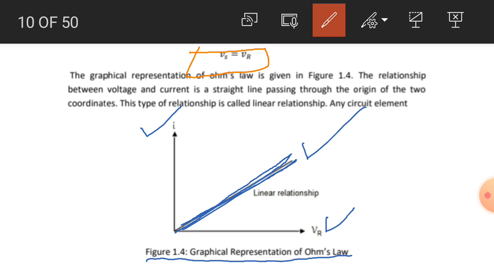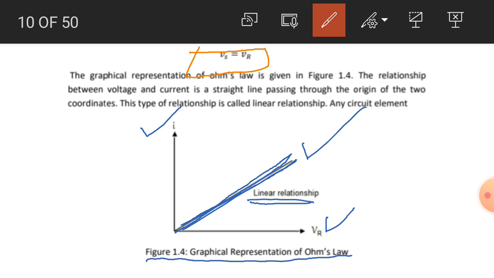We get a straight line which is passing through the origin of the two coordinates. So this kind of relationship is known as linear relationship.